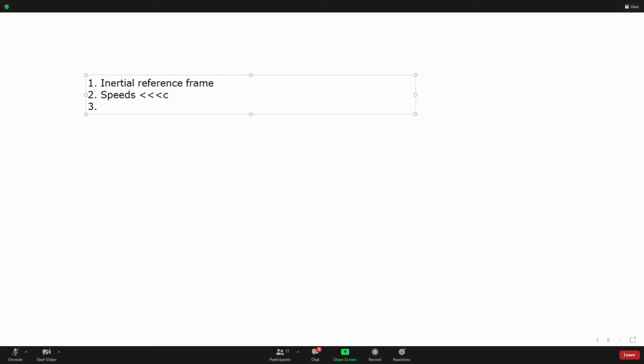And what is c? c is 3 times 10 to the 8 meters per second. And relativistic effects become important at about 1/7 of that. So 3 times 10 to the 8 meters per second is really a huge speed. So we're not going to ever see those in this course. There are 2 more constraints.